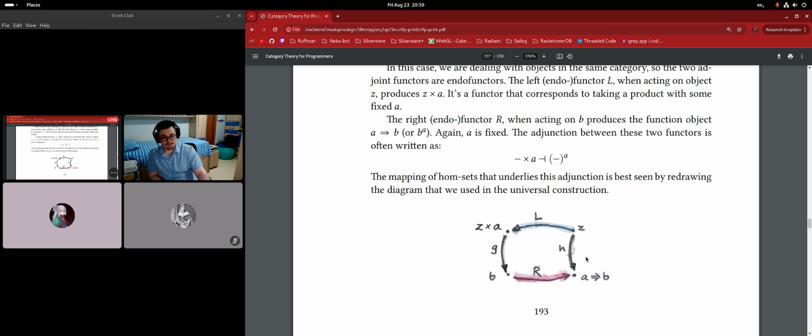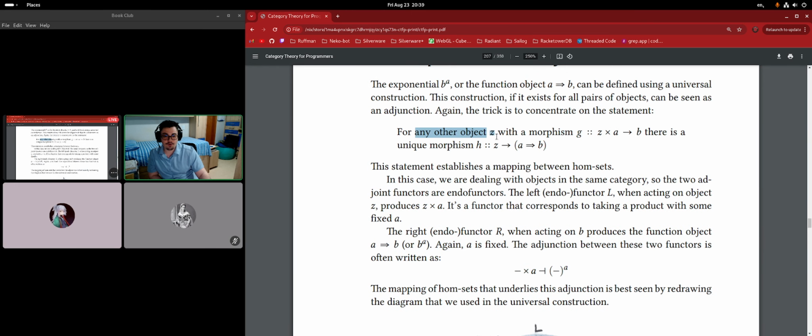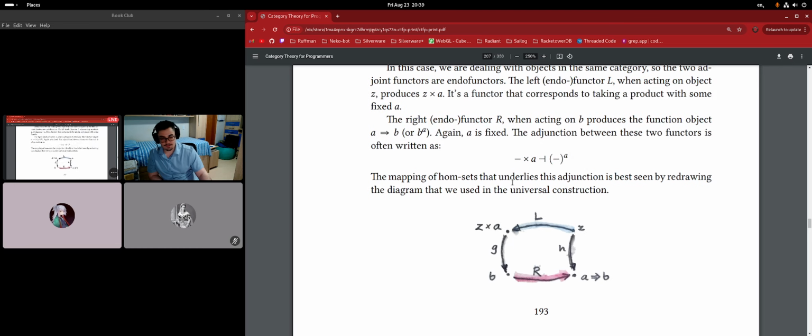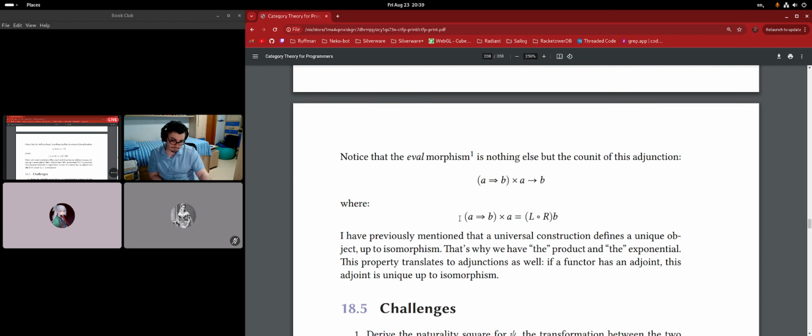So this diagram doesn't help on that. It does, because it tells you that if you start with a Z and you apply L, you get ZA. We need to arbitrarily say that our Z is this thing. But there was no arrow in here saying that. But you are right, because for any other object Z, I can just say Z is this, just for lols, which means that I go back to here, which is this thing.